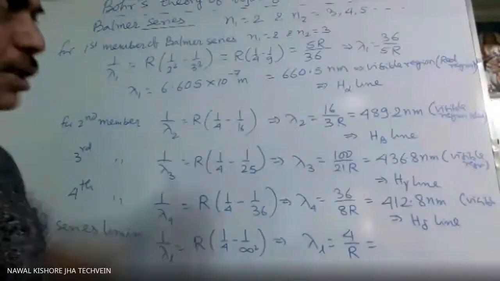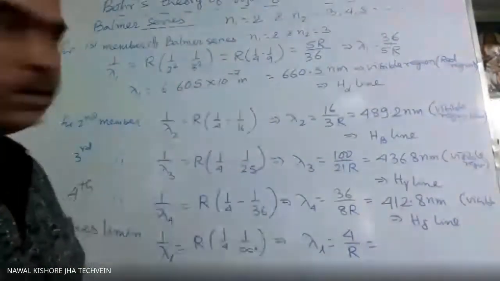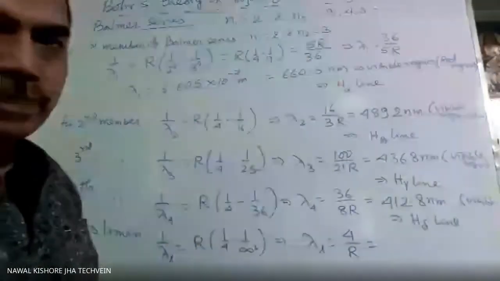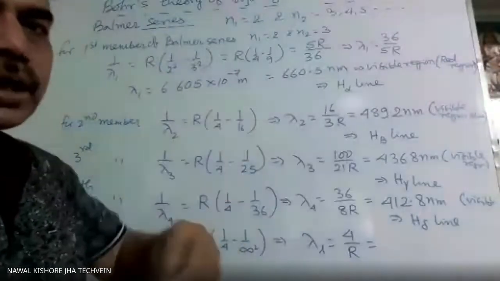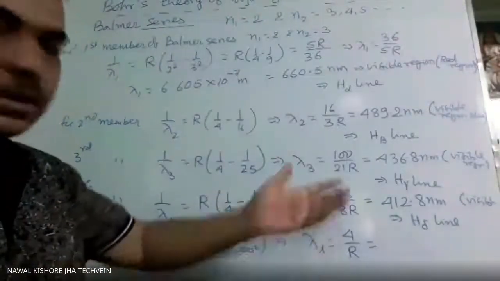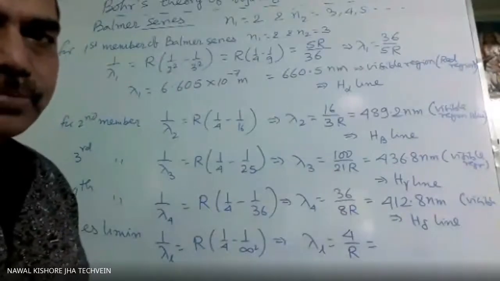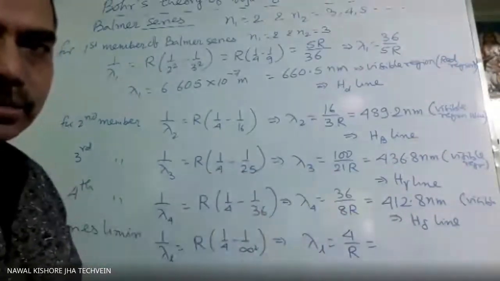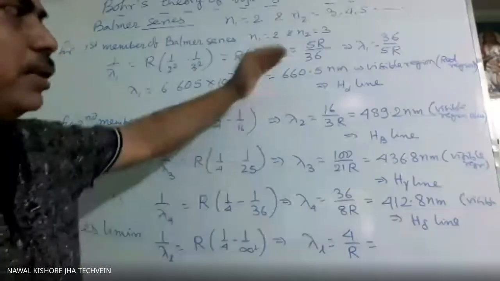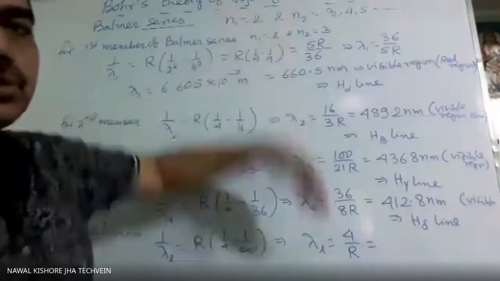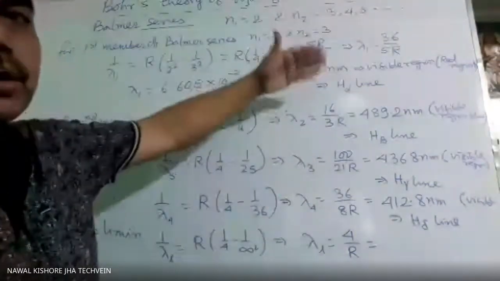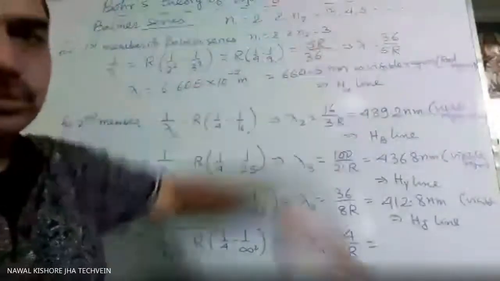So an electron may jump from the third orbit to the second orbit, then this one will emit. For other atoms, in a hydrogen lamp many hydrogen atoms are there, so for one atom the electron may jump from fourth to third, fourth to second, and in another case fifth to second.